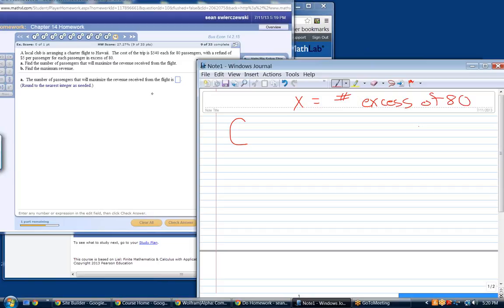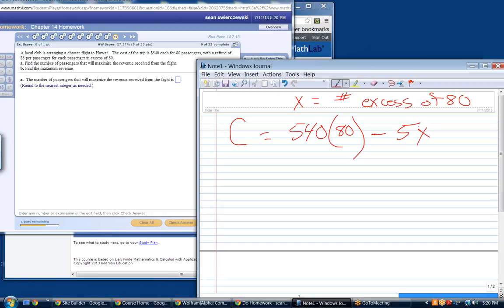So the cost of the trip to the local club is going to be $540 times 80 minus $5 times x. I got that right?